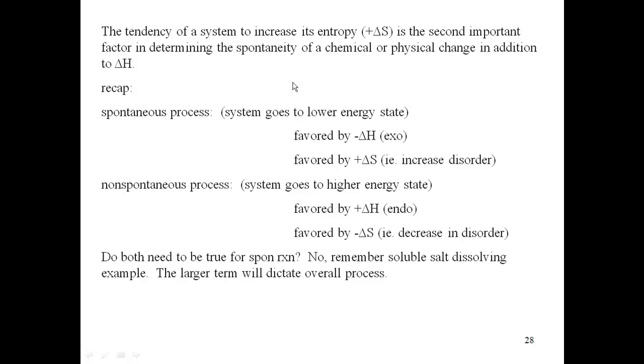For the salt dissolving, that was an endothermic process, but going from a solid to aqueous ions was an increase in disorder. The increase in disorder of the process was larger in energy than the amount I needed to absorb to break the bonds. Therefore, the overall process was spontaneous. So basically, the larger term will dictate the overall process, and we'll talk more later about how those terms are related and determining which one is larger.